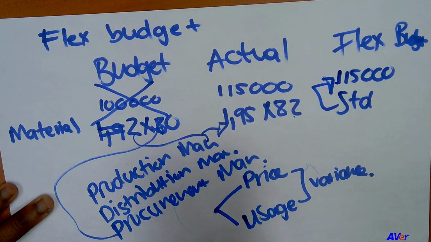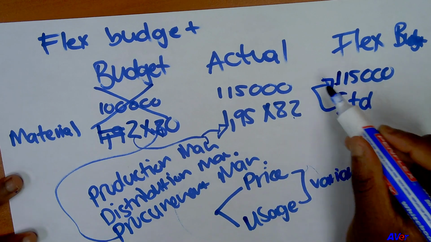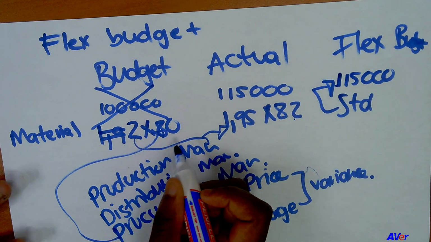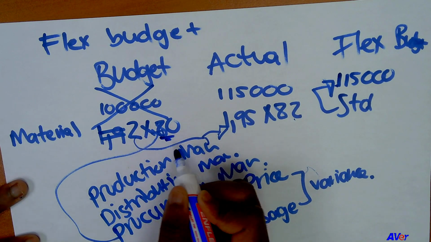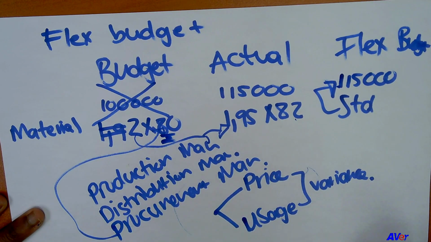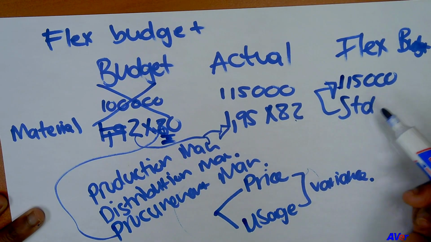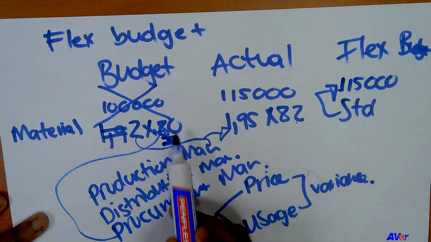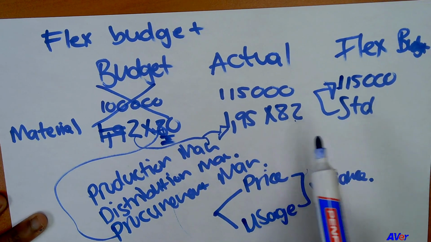So it means let's assume that this 115, you bought the kilograms for each unit at 80 rands. Let's assume that, right? Let's assume that you used 2 kg per unit to make this 115, and you bought each kilogram at 80 rand instead of 82 rand.